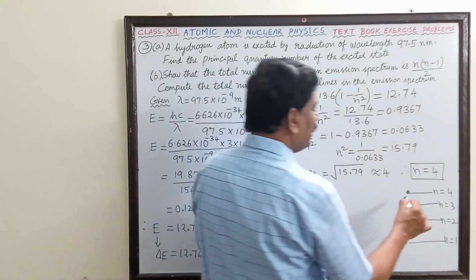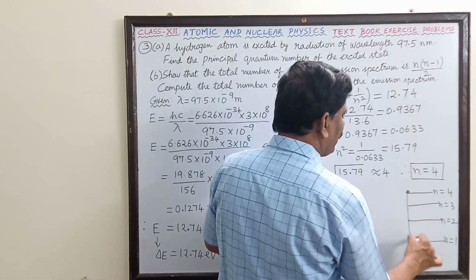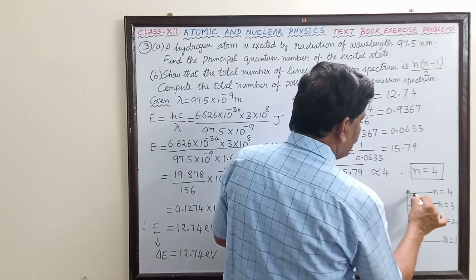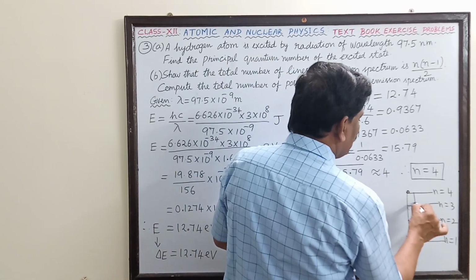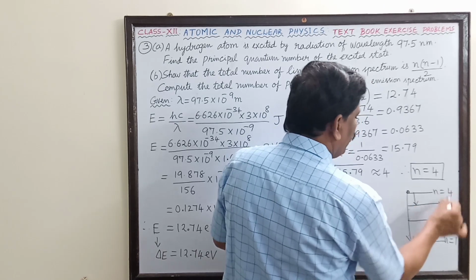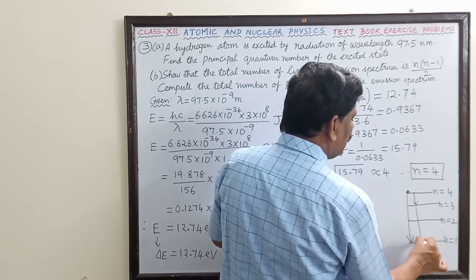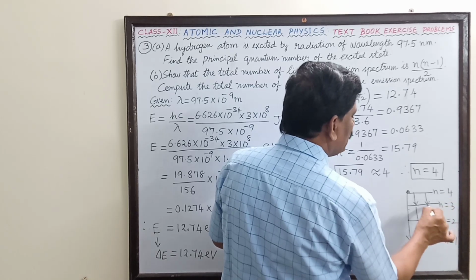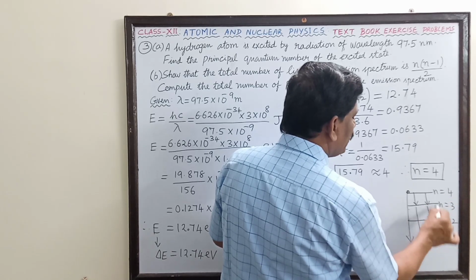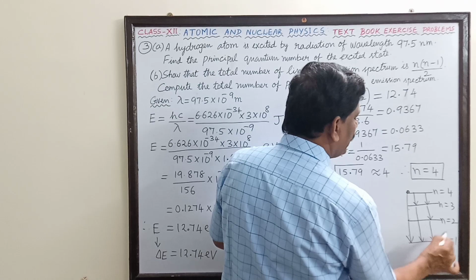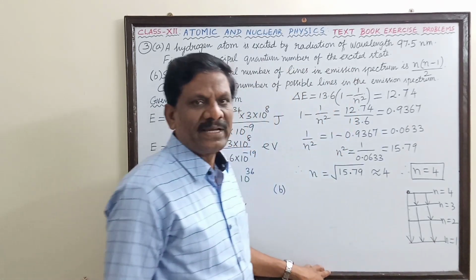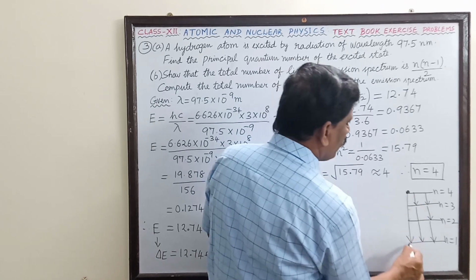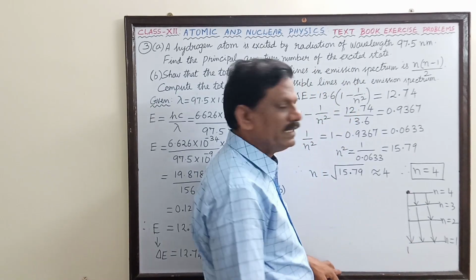It can directly come from n is equal to 4 to n is equal to 1, or it may come from n is equal to 4 to 3, then 3 to 1, or it may come from n is equal to 3, then n is equal to 2, and from there also it may come back to n is equal to 1.